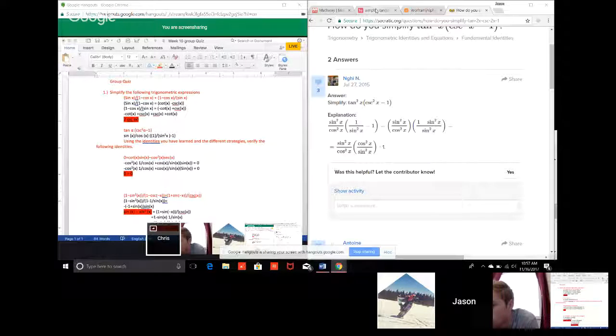But it looks like they just multiplied the 1 through. No, what did they do with that negative 1? What is sine over cosine? Tangent or cotangent?